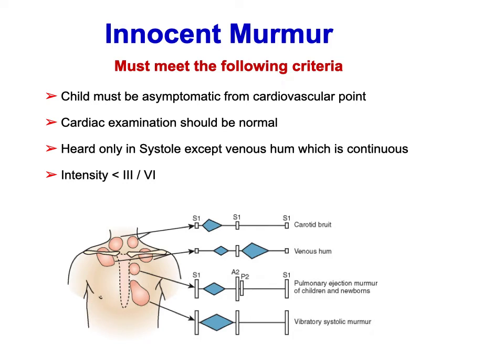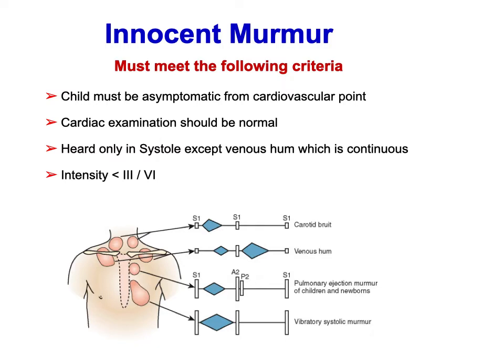This is very important. Actually, this is one of the most important areas, to differentiate between innocent murmur and pathological murmur. In your clinical practice, you always have to try to find out, is it pathological or is it innocent?